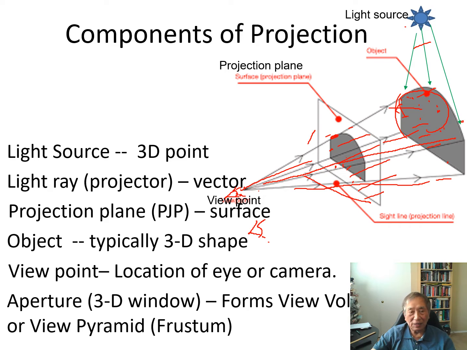But of course, if the object is around in here and the projection plane is here, then the projected image will be much bigger than the real object.